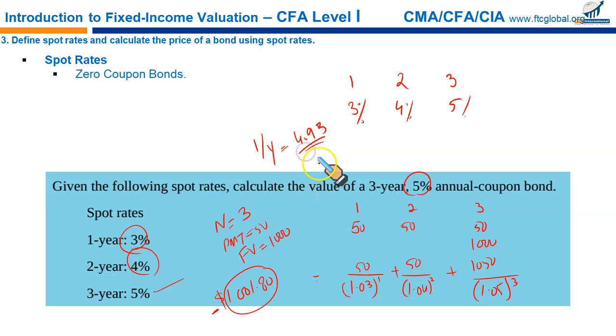So this shows that the YTM is less than the coupon. That's the reason the bond is selling at a premium.